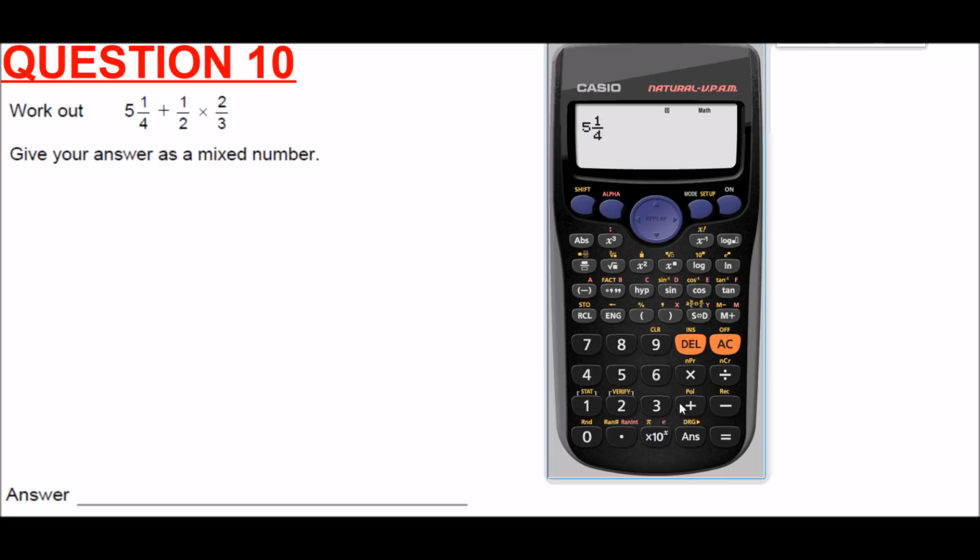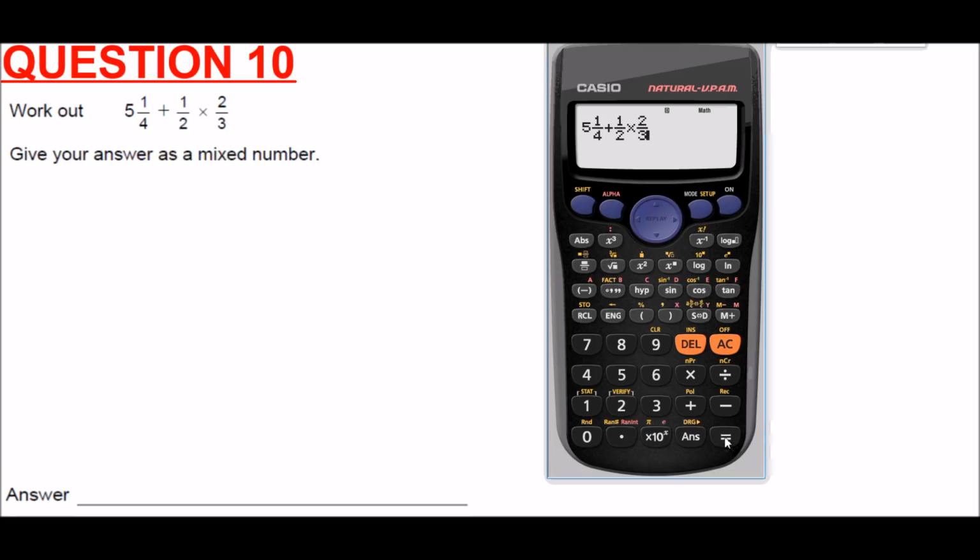So plus sign, then a half, multiply, and 2/3. And so this screen here looks exactly like this one here, and we've used our mixed number function as well.